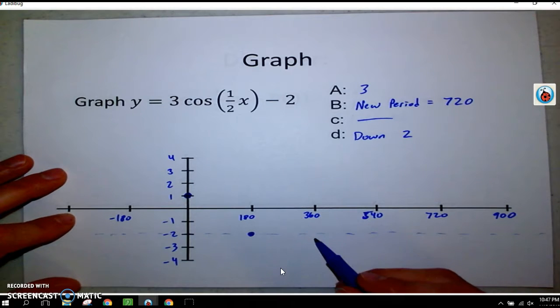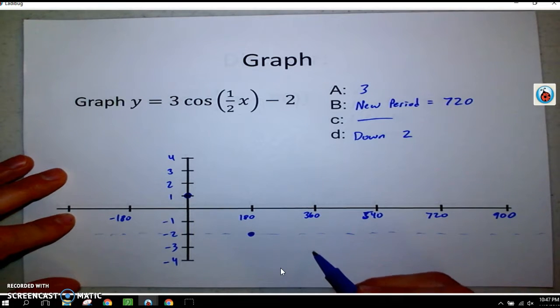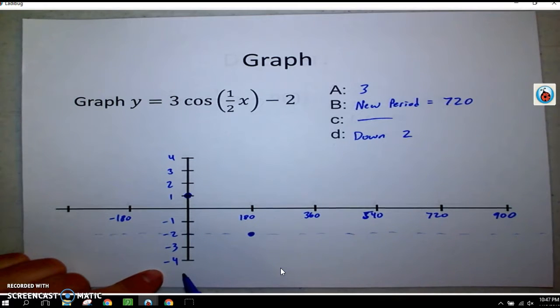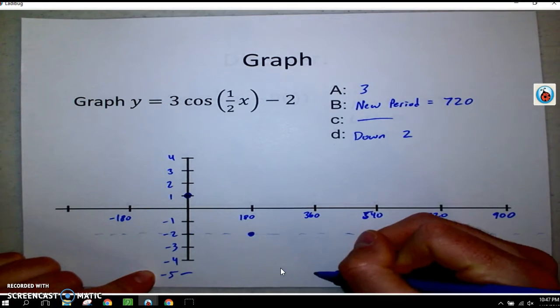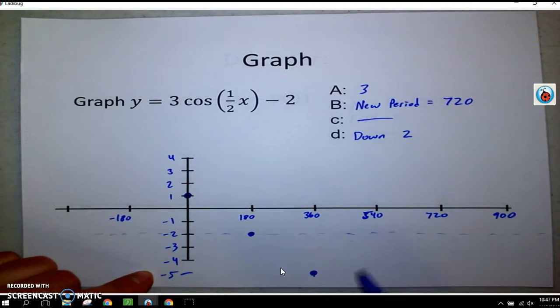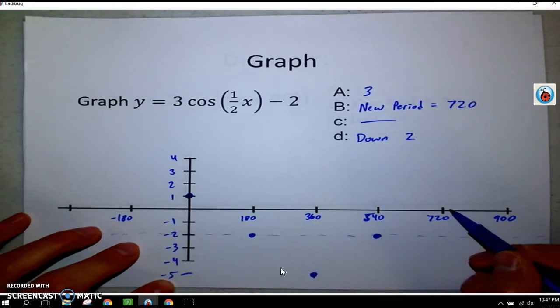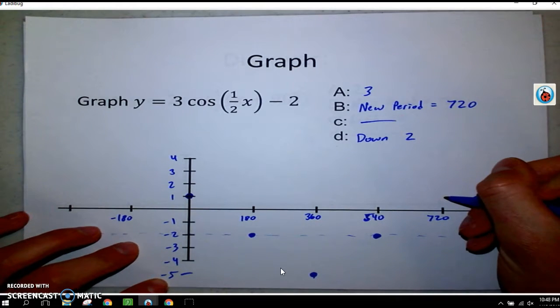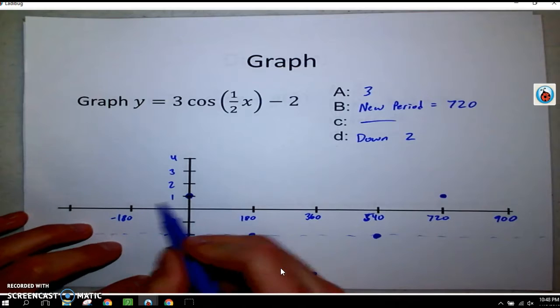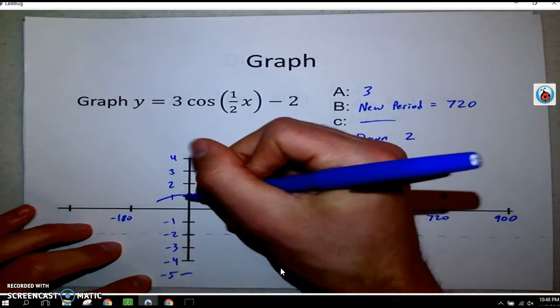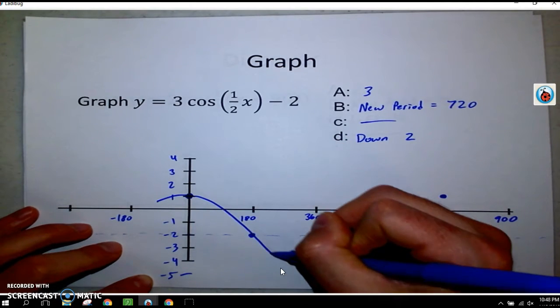And then as I go over one more point, I will go to a local minimum, and it looks like I'm actually going to need to go down here to negative 5. And then as I go over to 540, back to the middle, and at 720, back to the maximum. Now I will connect.